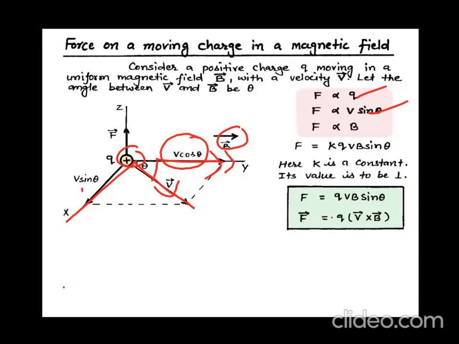But the V sin theta component, which is perpendicular to the external magnetic field B, ये perpendicular component है.